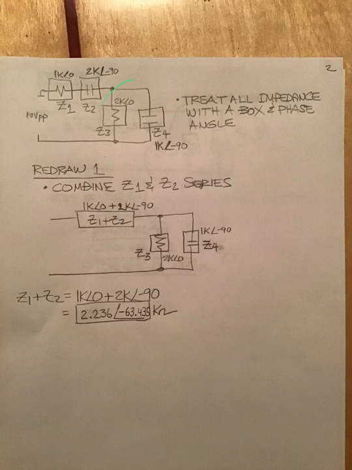I can start this circuit right here if I want and compress that, and boom, you're automatically into a series circuit at that point with Z1 and Z2. Wouldn't that be great? So I combined Z1 and Z2 by simply grabbing the impedances.